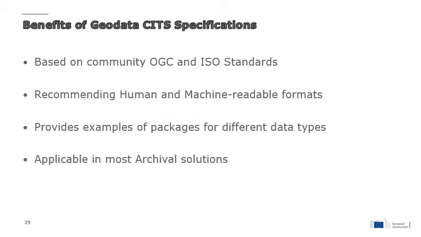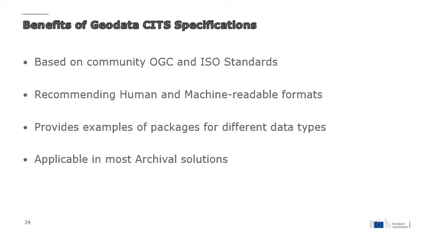So let us conclude this part by talking about the benefits of using Geodata's CITS specifications. First of all, we based our recommendations on how to preserve geospatial data on community standards from OGC and ISO standards for GML, for metadata, and for other elements as well.